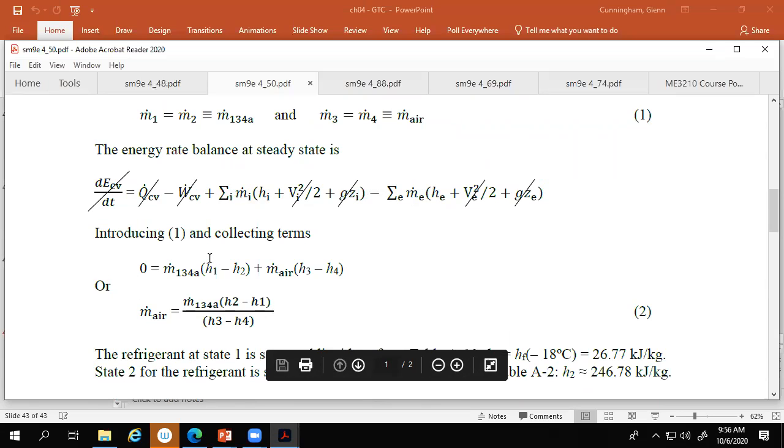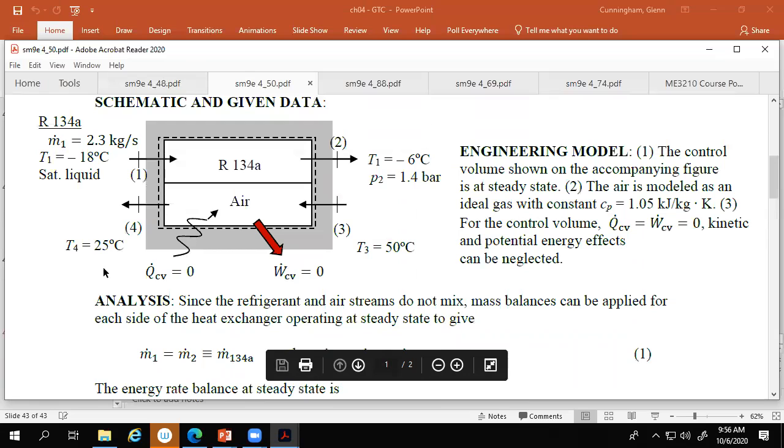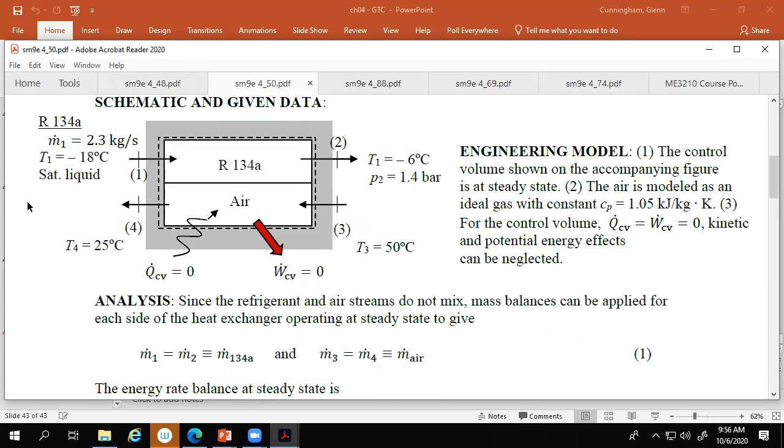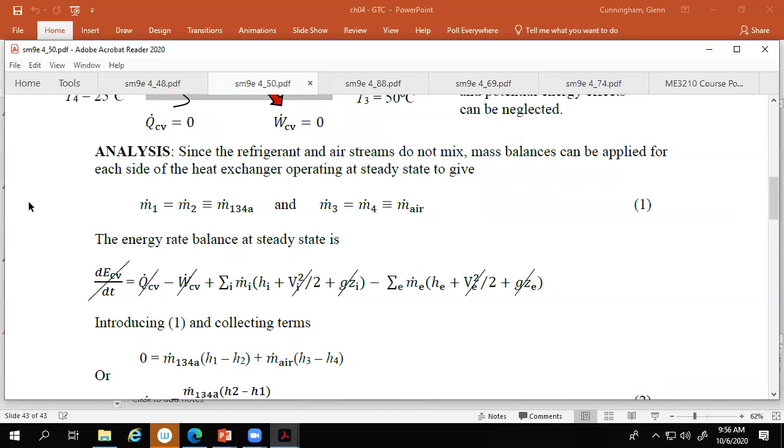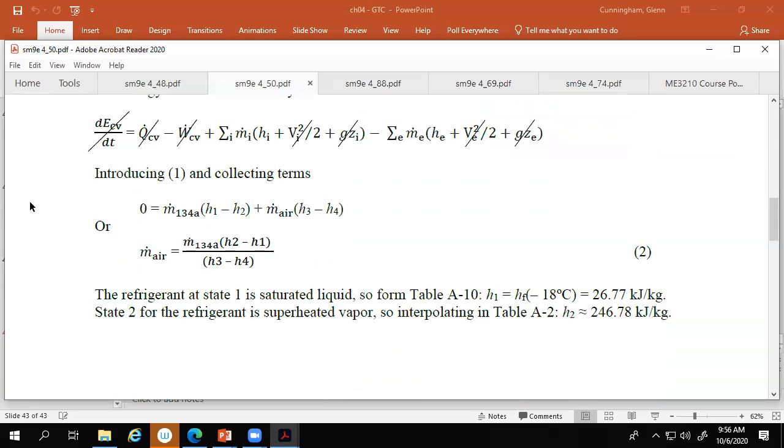And so when you plug everything in, we can go back up here. We've got the refrigerant up here and the air down here coming out. Everything's zeroed out to here. So we got the mass flow rate of 134A, which is the same in and out.